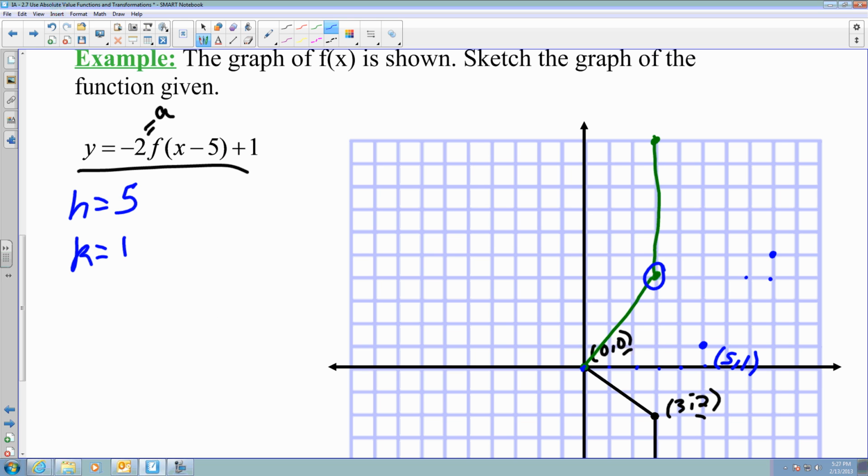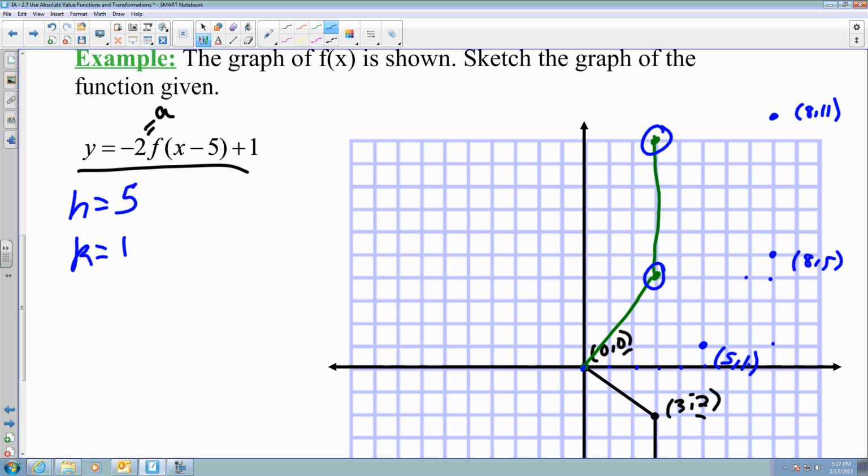And then this is what? 1, 2, 3, 4, 5, 6, 7, 8, and 1, 2, 3, 4, 5. So that's 8, comma 5. Now taking this one, I'm going to move it 5 units to the right, 1, 2, 3, 4, 5, and up 1. So this becomes 8, comma 11, my new point.